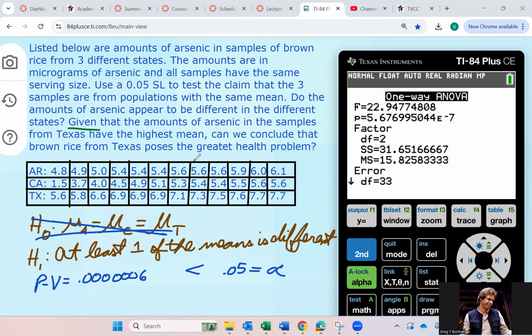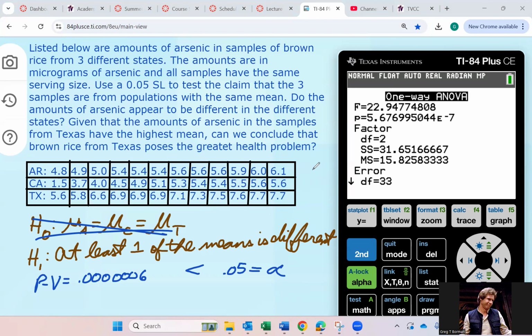Given that the amounts of arsenic in the samples from Texas have the highest mean, so if you went out and found the mean of each of the three samples, you would find that the sample mean for Texas would be the biggest. Whatever. Let's see.